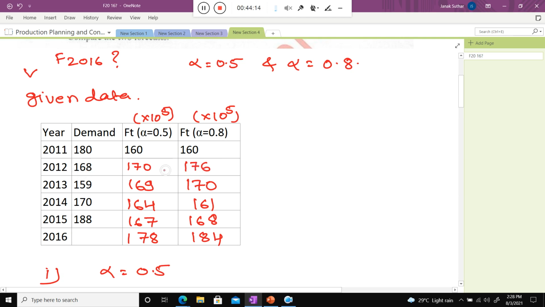And here the number is not only 170, it is 170 into 10 raised to 5. You can easily see the difference if you multiply with 10 raised to 5.